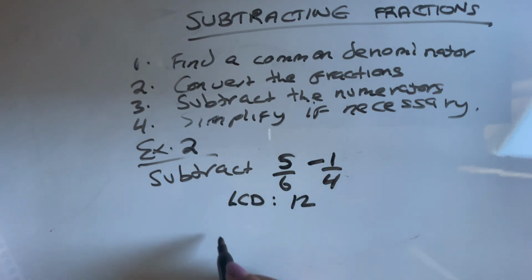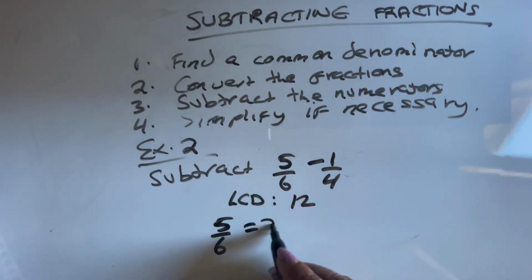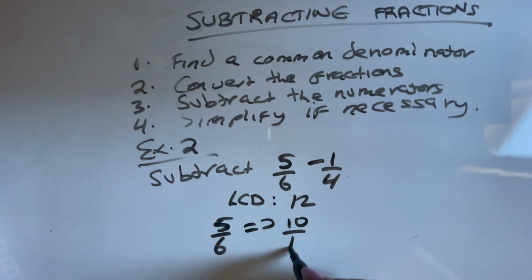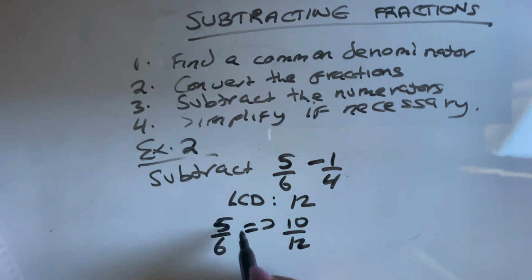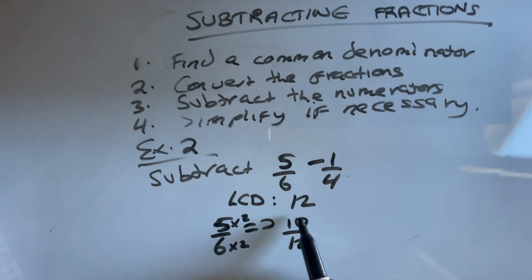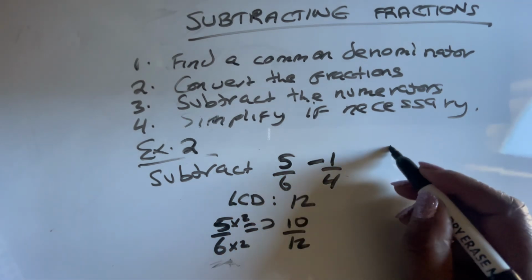So now 5/6 is going to become 10/12. The reason being that we took 5 and multiplied by 2, and also we took 6 and multiplied that by 2. Because remember, our goal is to find the lowest common denominator of 12.